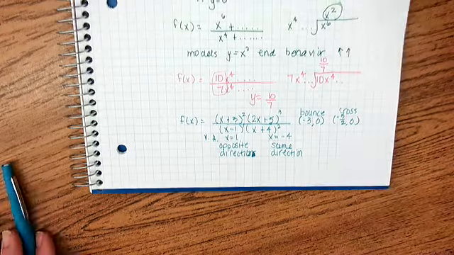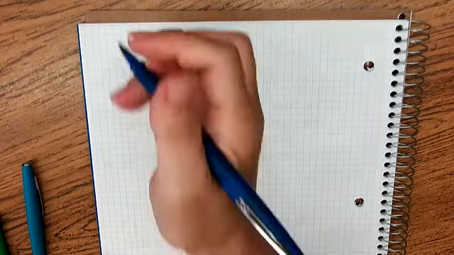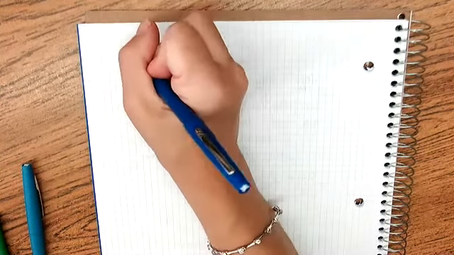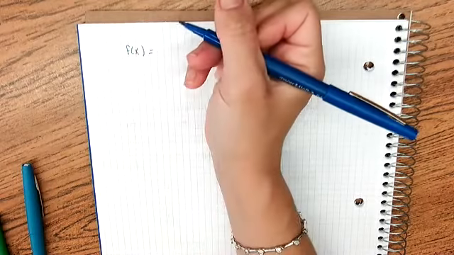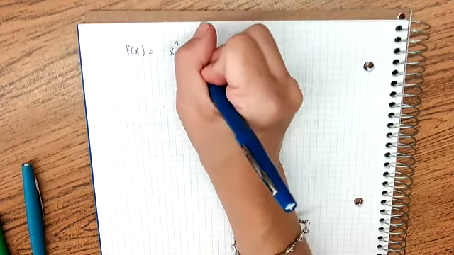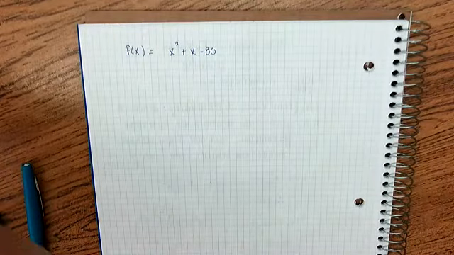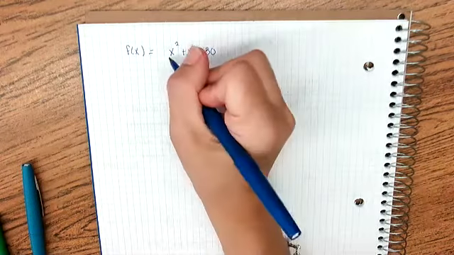And that's going to help you a lot when you're trying to put your graph together. So let's do 2 problems. We're going to look at an oblique. So let's start with f of x equals x squared plus x minus 30 over x plus 6.